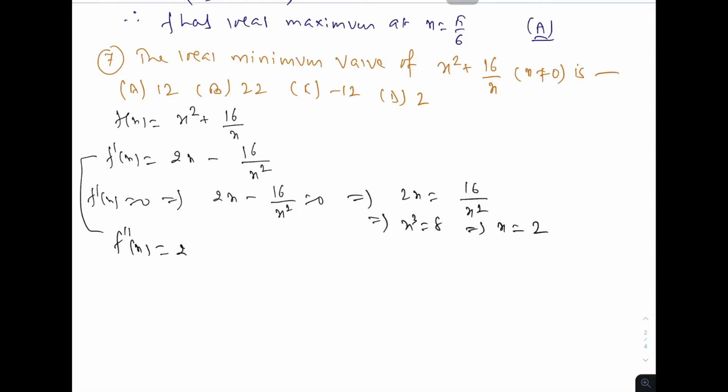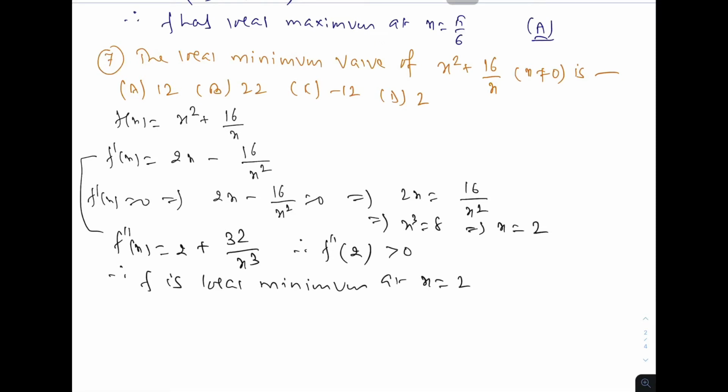So it is 2, 1 over x square derivative is minus 2 over x cube, so plus 32 over x cube, and therefore f second derivative at 2 is positive, and therefore f has local minimum at x equal to 2.